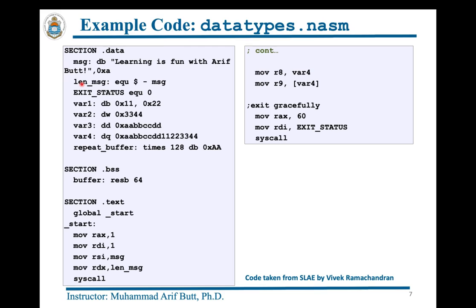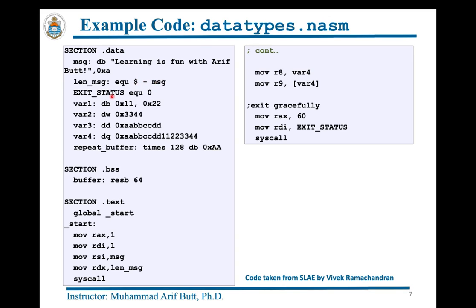This len message is the constant declared with EQU directive. This dollar evaluates to the address of the current line, and this MSG is the starting address of this string. So naturally, their difference is the length of this string.